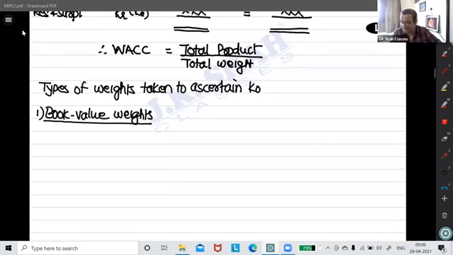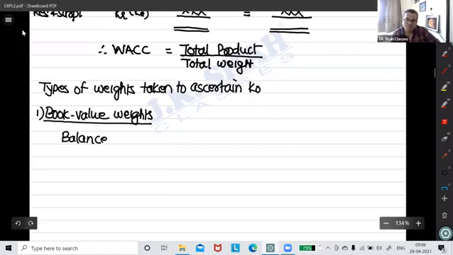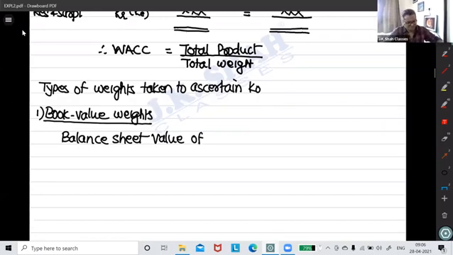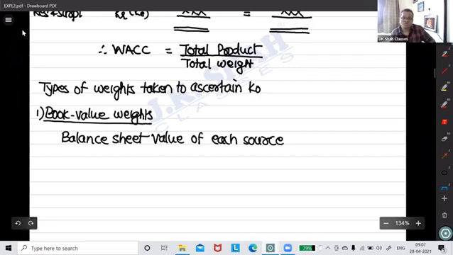Book values, right? Balance sheet value of each source of capital is considered.